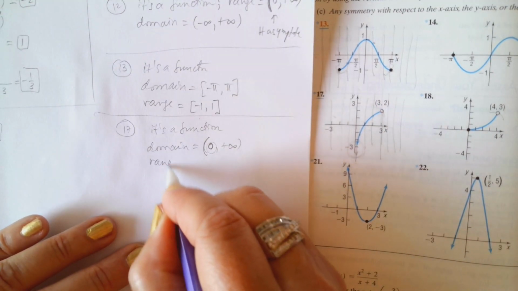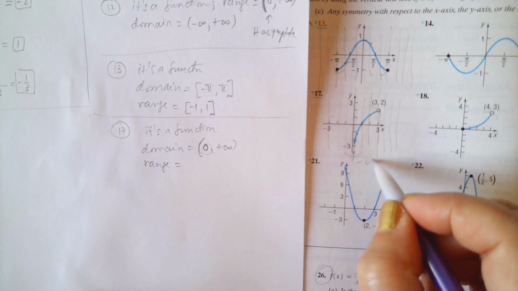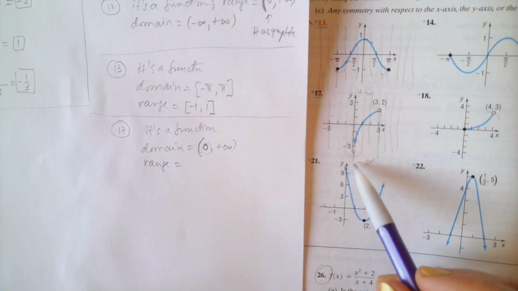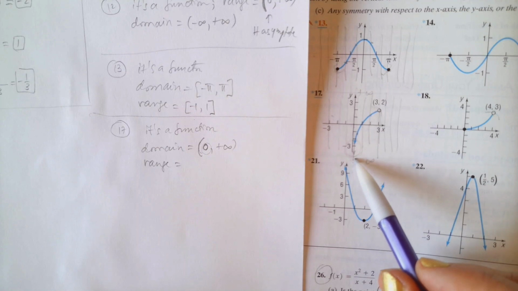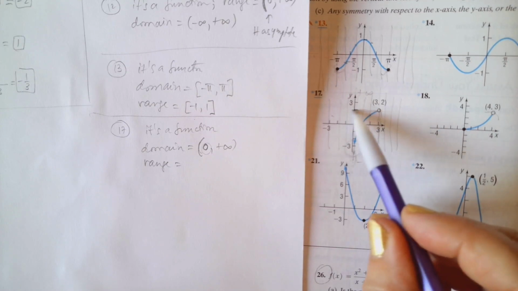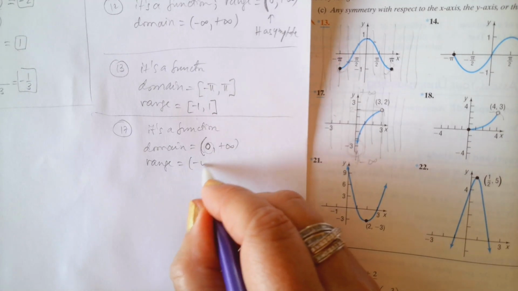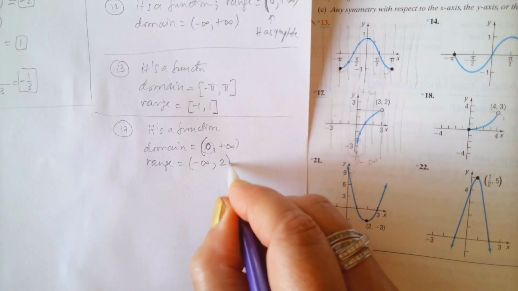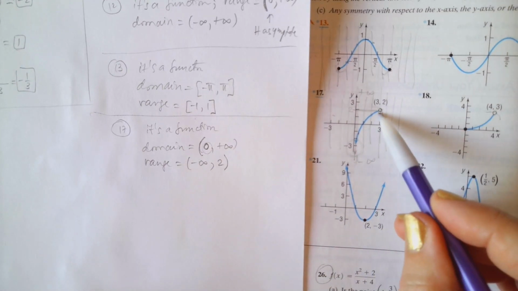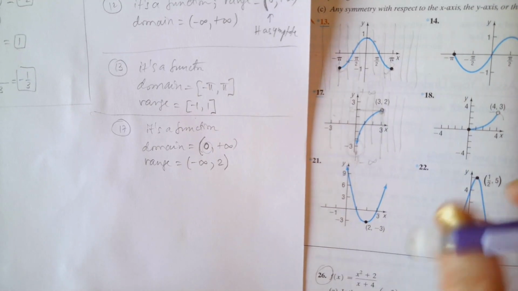Okay, and the range is that portion of the y-axis where there is a graph. Well, let's go from minus infinity to plus infinity and look. So I have a graph starting at minus infinity for y, going towards minus infinity, and if I go up, the graph seems to be stopping at y equals 2, isn't it? So I'll have the range minus infinity all the way to 2, not including 2, because this point right here is an empty dot, not a solid dot.